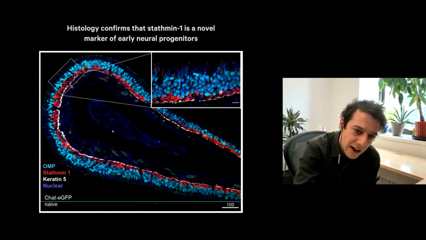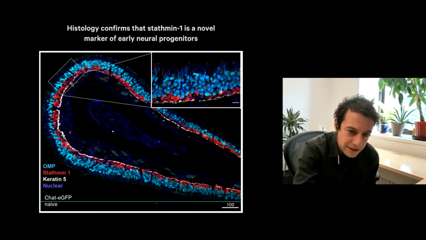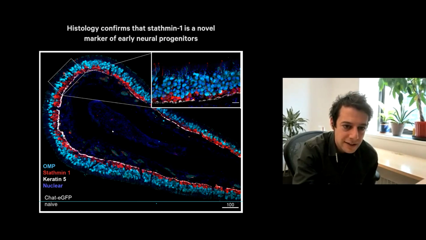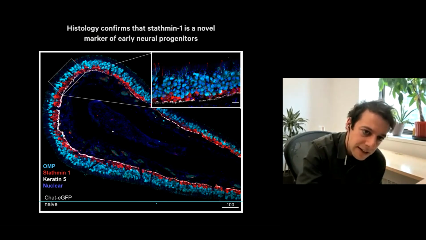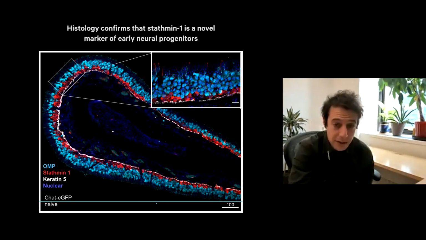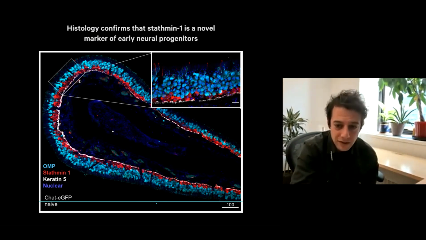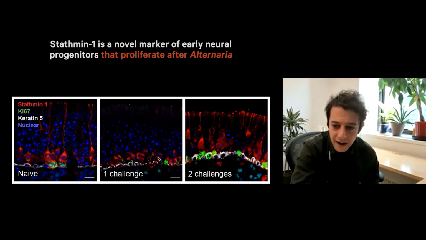We can see that K5 is in the basal membrane as expected. OMP is in the luminal surface as expected, and Stathmin-1 is right in the middle, which is really, really beautiful. And it provides validation that this is a new marker of neuroprogenitors, and also that they proliferate, that the proliferating cells that appear after Alternaria are also positive for Stathmin-1.